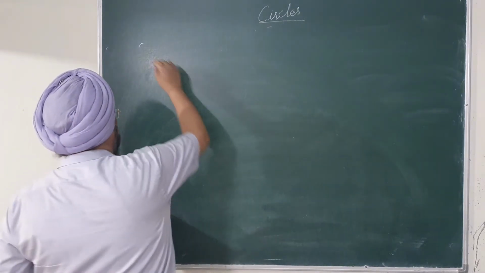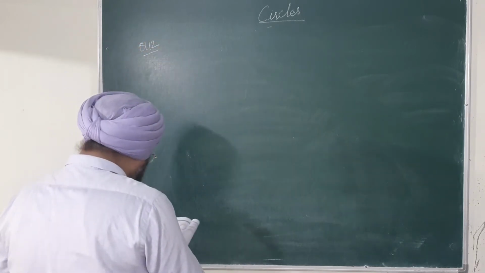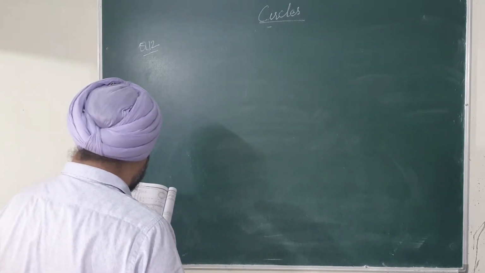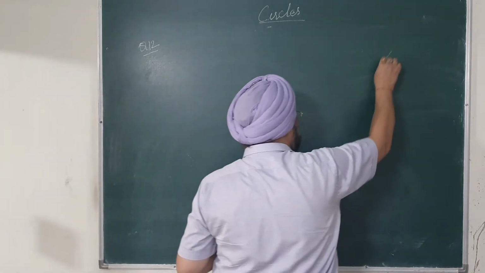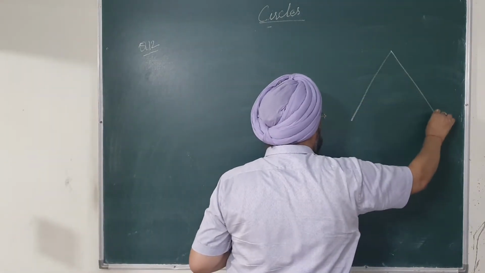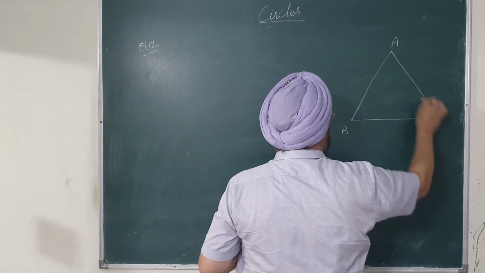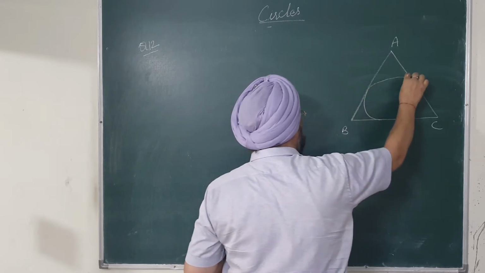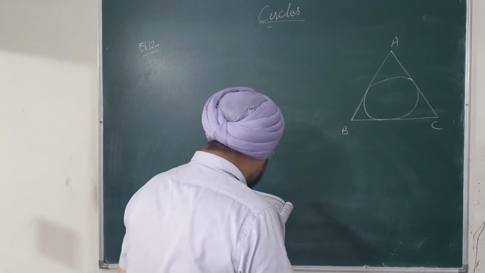Now see what question number 12 is. A triangle ABC is drawn to circumscribe a circle of radius 4 cm. So let us take this as a triangle ABC circumscribing a circle, meaning a circle is drawn touching all its sides.